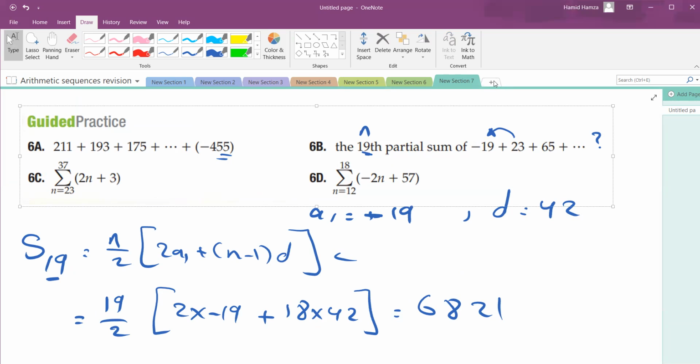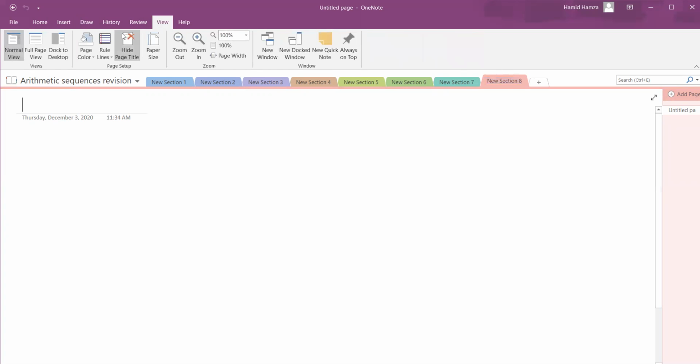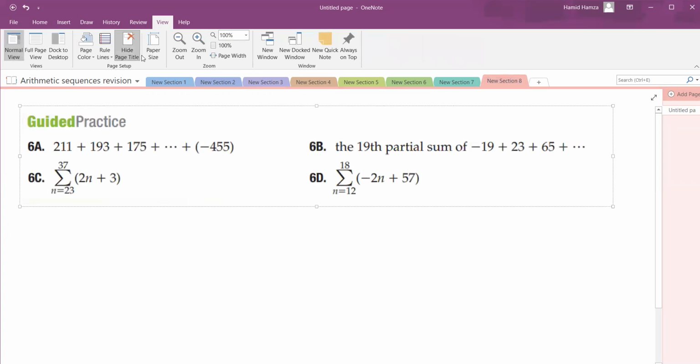What about the summation notation, guys? Question 6. In this one, we want to start adding from a certain term.